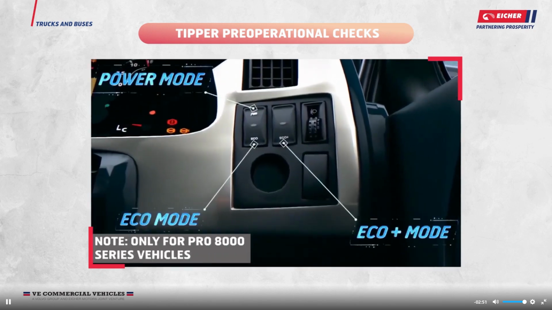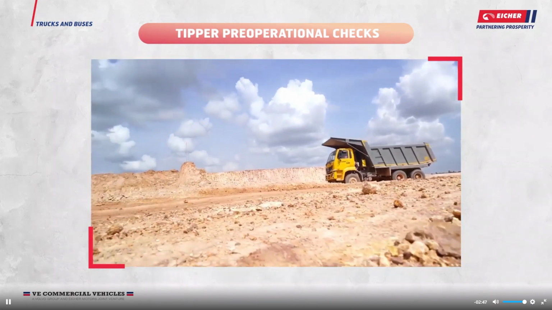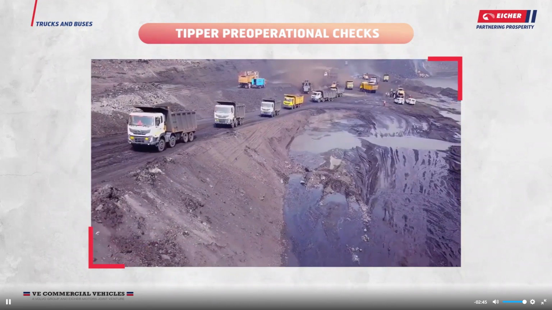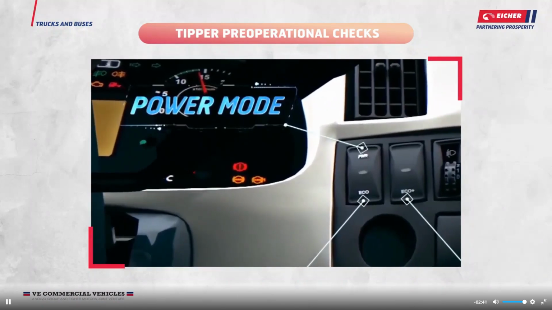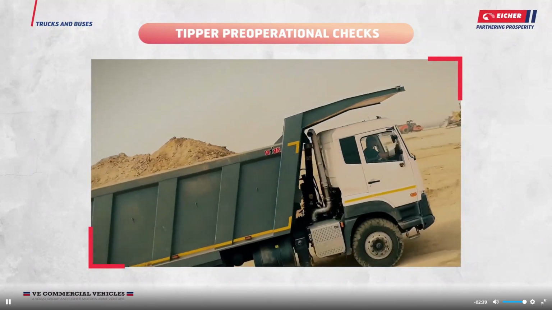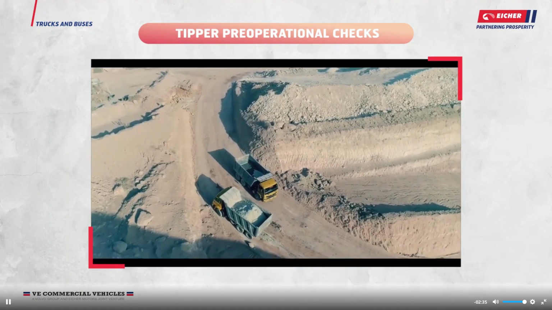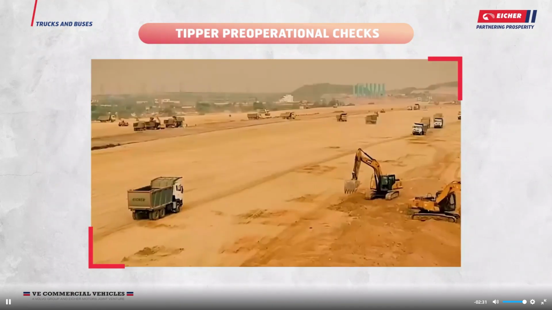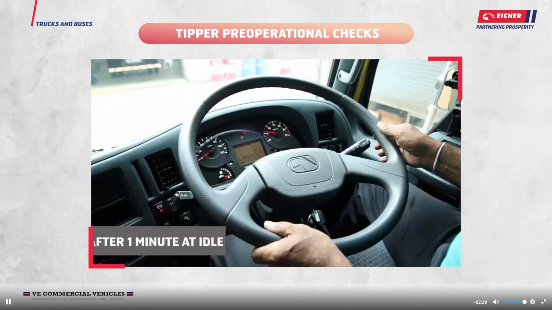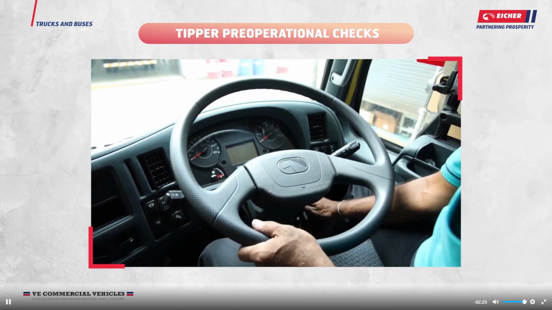Operate the vehicle in power, eco and eco plus mode depending on the load and road condition to derive maximum fuel efficiency. Use power mode in fully loaded condition and while running in hilly areas. Use eco mode when partially loaded. Use eco plus mode when the vehicle is in unladen condition. Turn the engine off after running for 1 minute at idle speed.